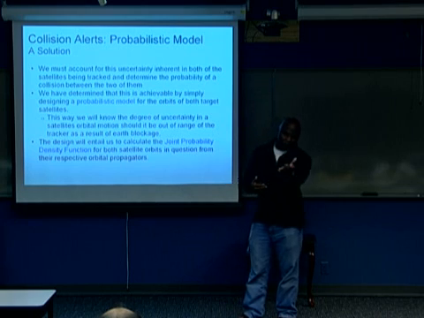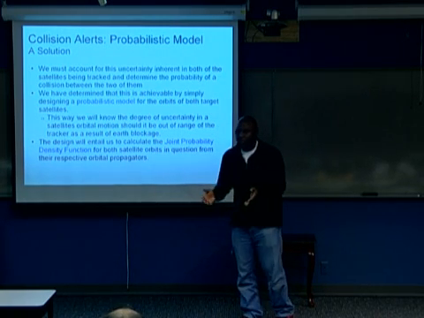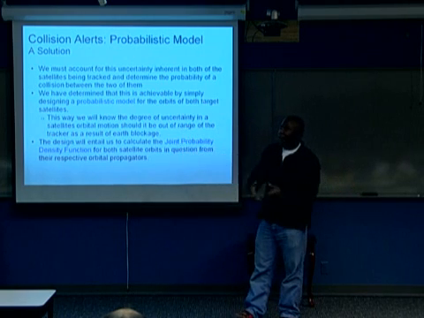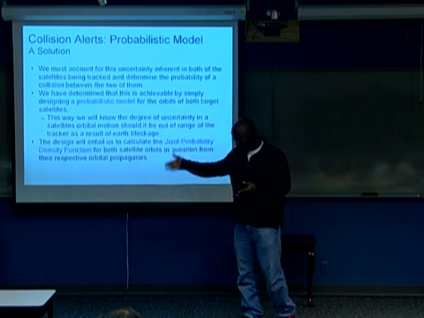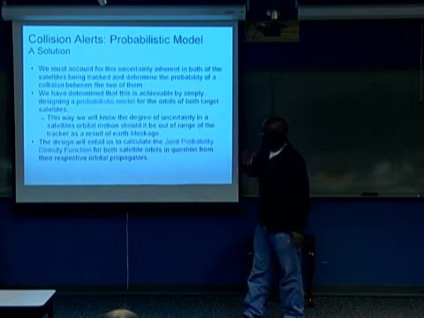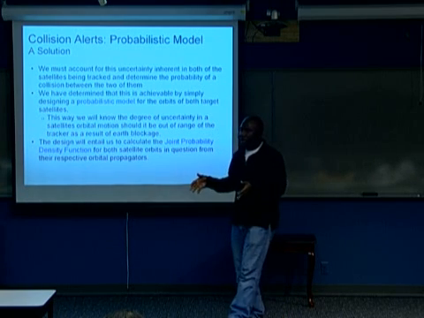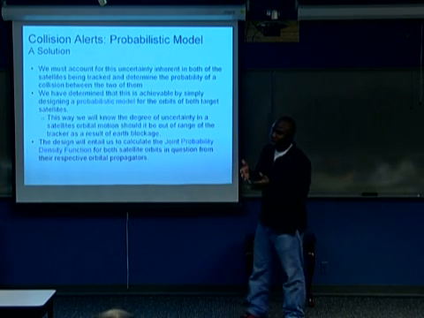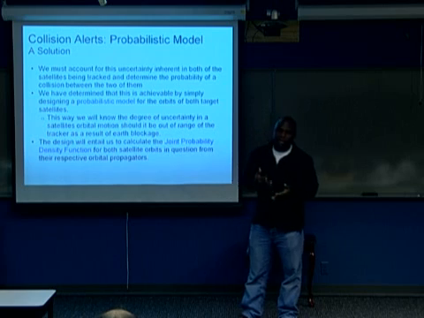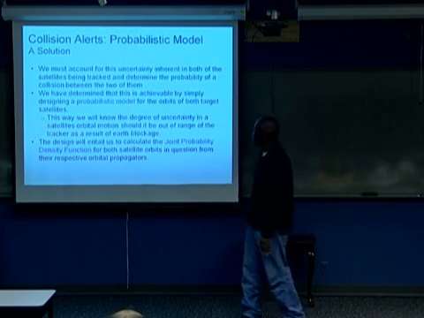But the question we will be asking Dr. Chen next is, how do we actually get the functions? We have all this data, and we have the trajectory that's been projected, but we don't have the joint probability density function. If we don't have that, we can't get the error function to calculate the probability of them being in the same spot at the same time.